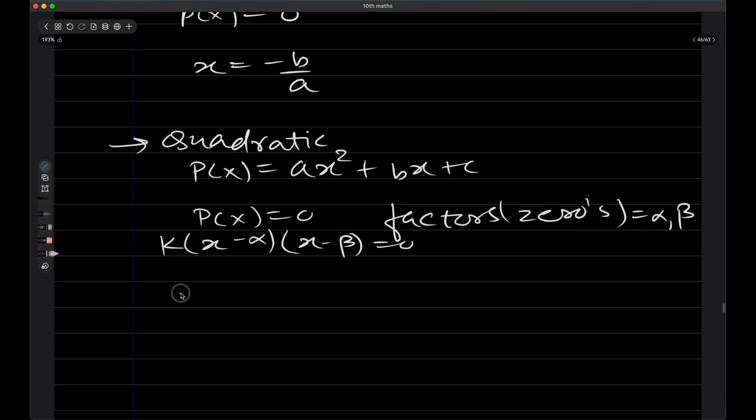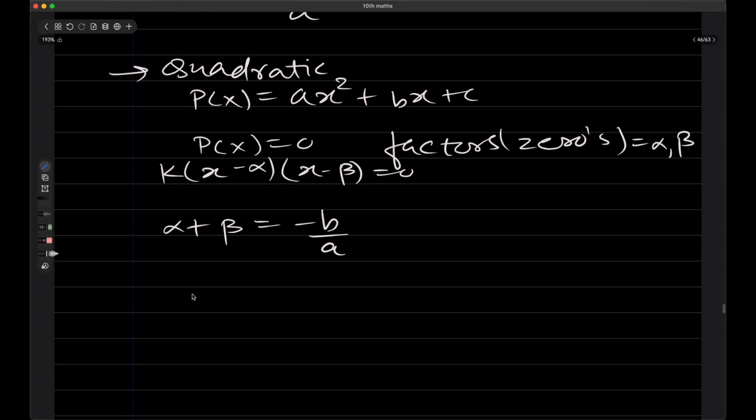So we get the sum of zeros of polynomial equals minus b divided by a, and product of zeros of polynomial equals c divided by a.